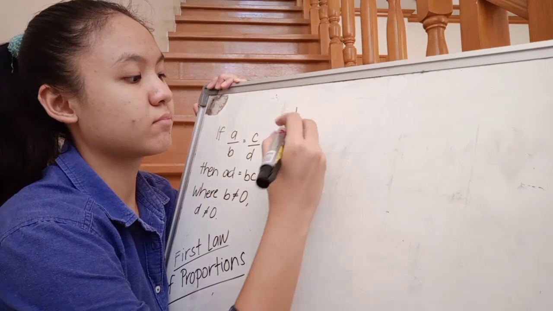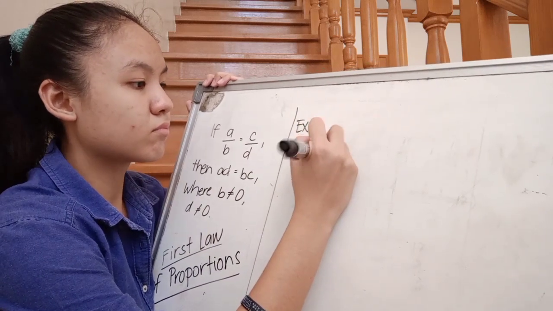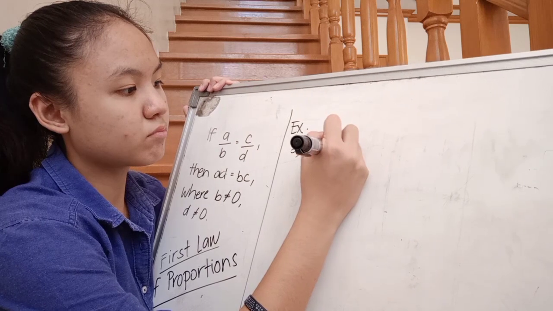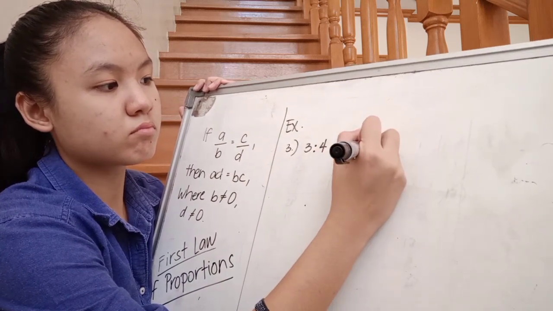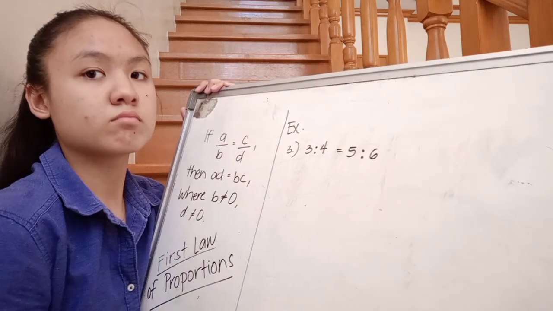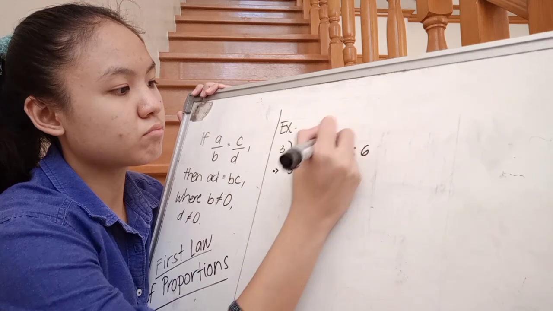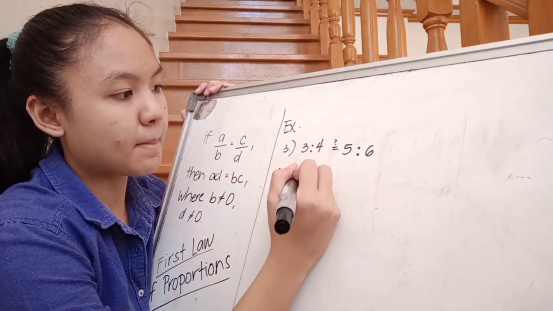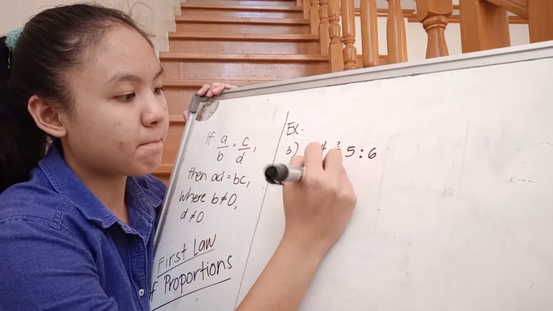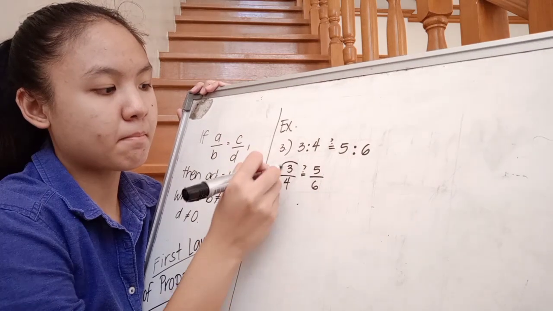Here are more examples. In our third example, 3 is to 4 is equal to 5 is to 6. Now we use ratios as our example, but first, we should convert it into fractions. So 3 over 4 is equal to 5 over 6.